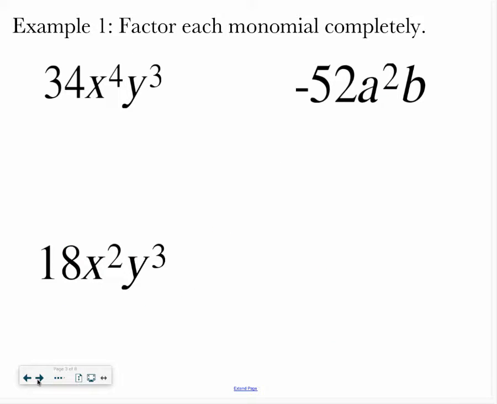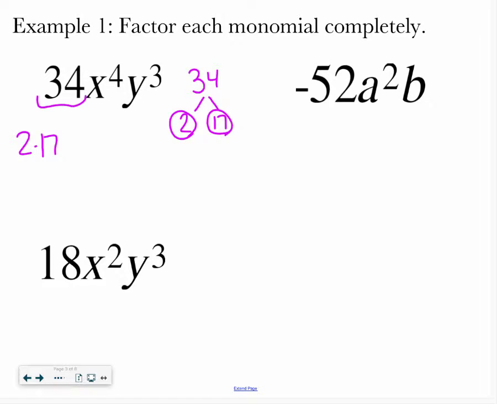Okay? So if I ask you to factor each monomial completely, that is where I want you to break up your whole numbers to be a product of prime factors. So if I break up 34, this is kind of like if you remember your factorization trees. I know 2 goes into 34 17 times, and those are both prime numbers, so I'm done with that.